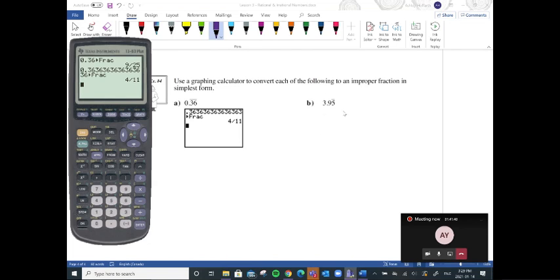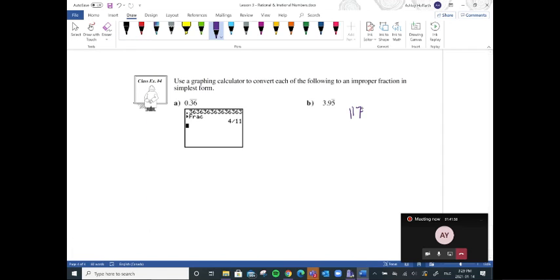Then part B, for 3.95 repeating, we go 3.9, and the repeating part is 5. You just have to carry the 5 all the way to the end and go a little bit further. So we'll get 178 over 45.